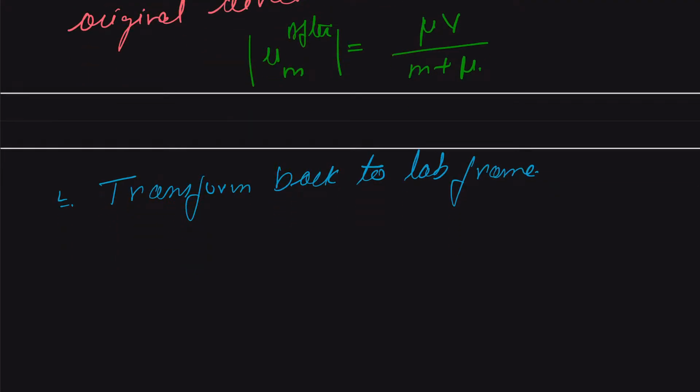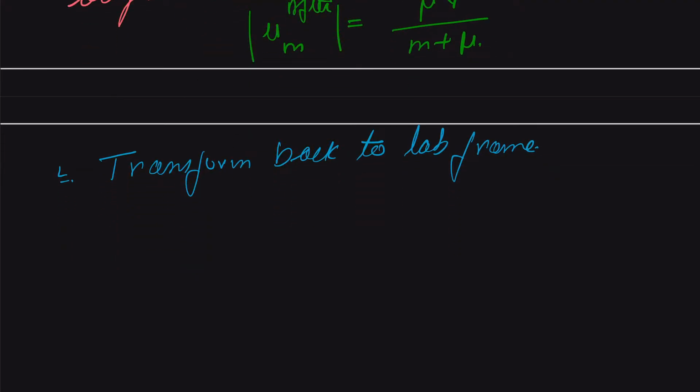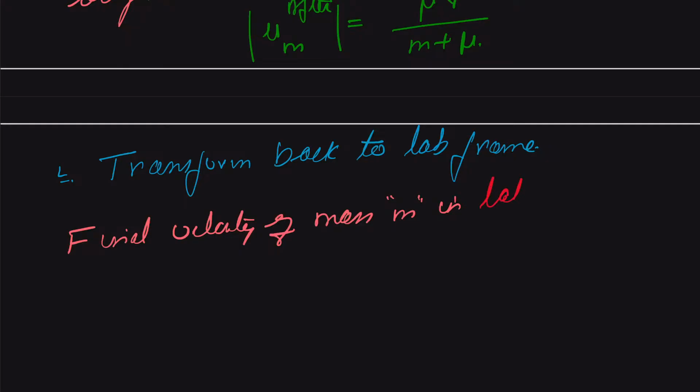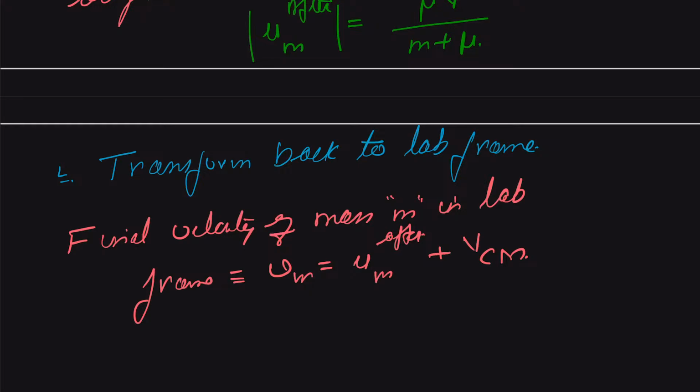Therefore, we can write that the final velocity of mass small m in the lab frame, and let us suppose that is given as v of m, then v of m will be equal to u of m after collision plus the velocity of our center of mass.